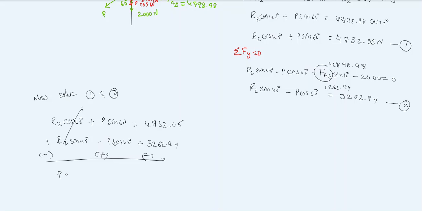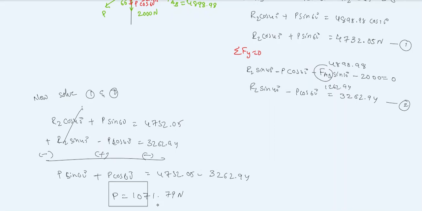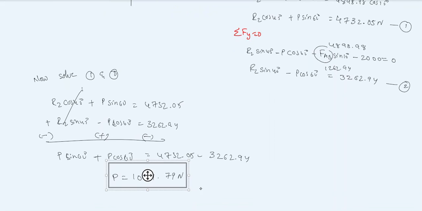You will get P sin 60, minus of minus becomes plus, P cos 60 is equal to 4732.05 minus 3262.94. So in this equation you will get P equal to 1071.79 Newton. This is the actual answer. This is the force that must be applied to keep the system in equilibrium.